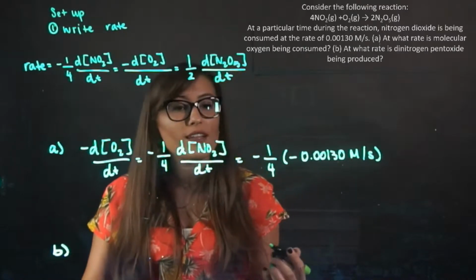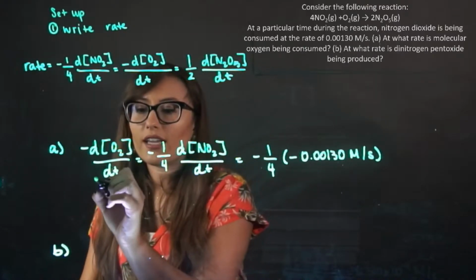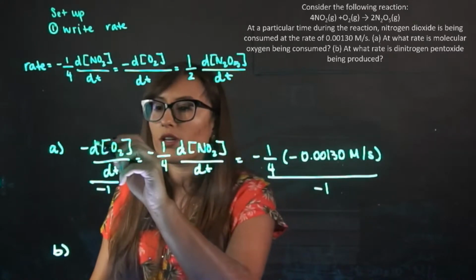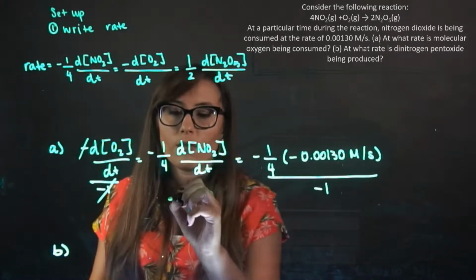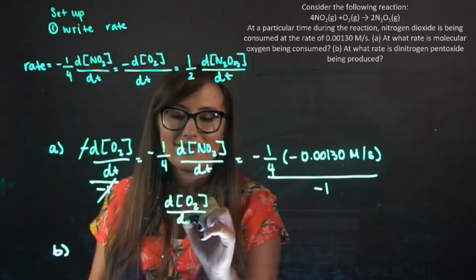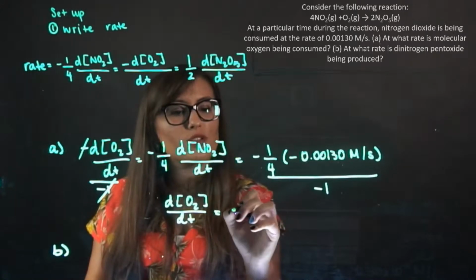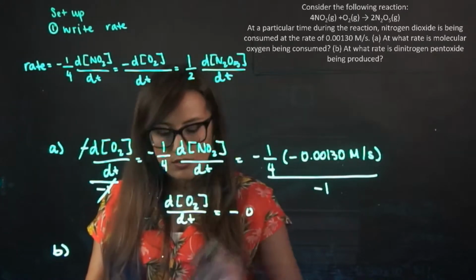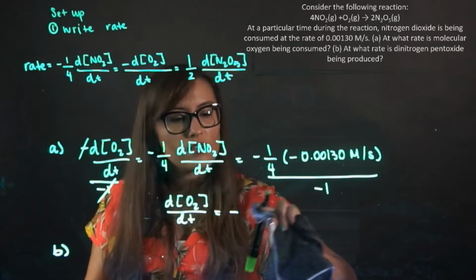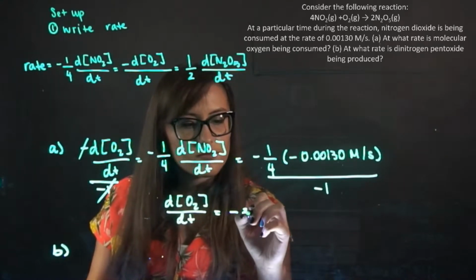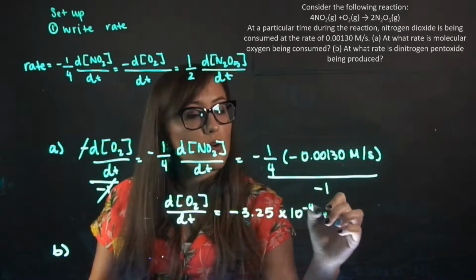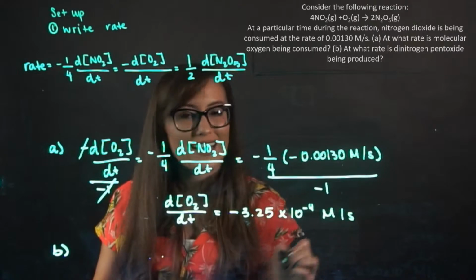Once we do that, we'll divide each side by -1 as well to get rid of that negative sign, and we'll have the rate of consumption of oxygen is going to be equal to negative 3.25 times 10 to the -4th molarity per second.